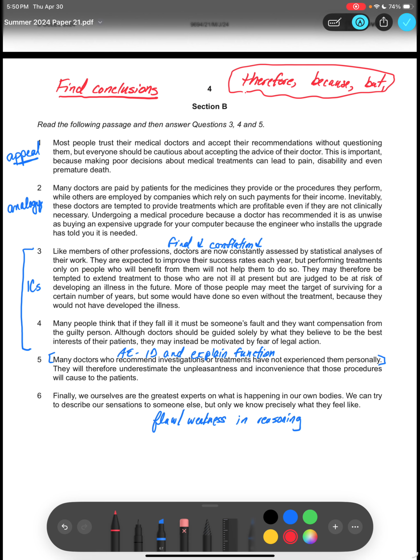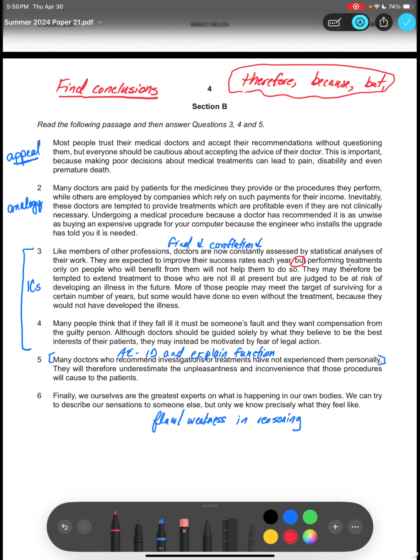So we're going to start with 3, 4, and 5, 3 and 4. Like members of other professions, doctors are now constantly assessed by statistical analyses of their work. They are expected to improve their success rates each year, but performing treatments only on people who will benefit from them will not help them to do so.